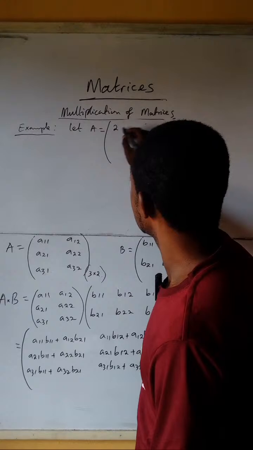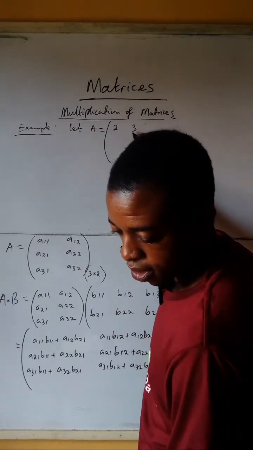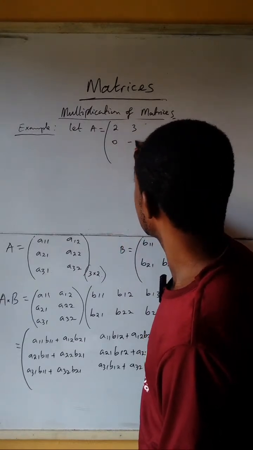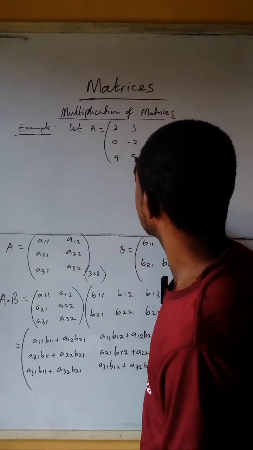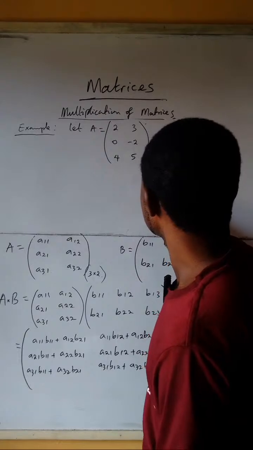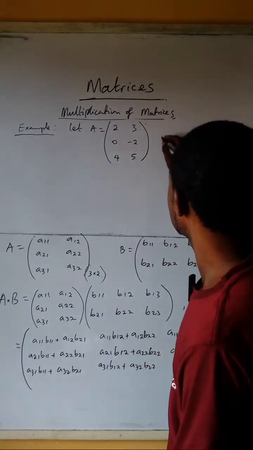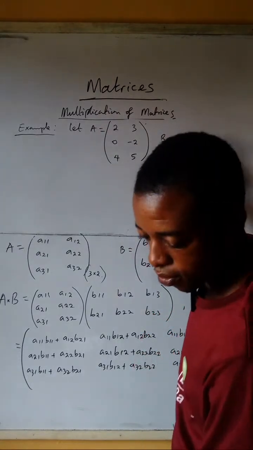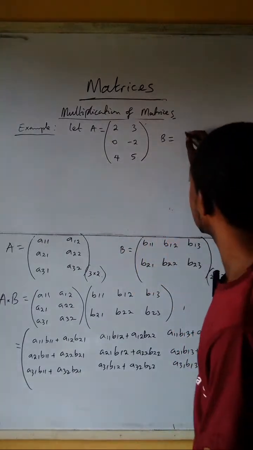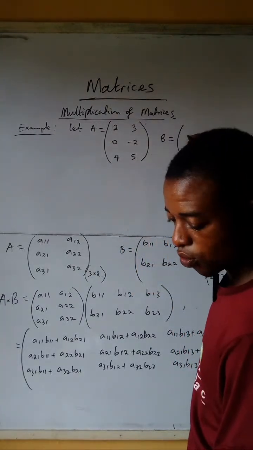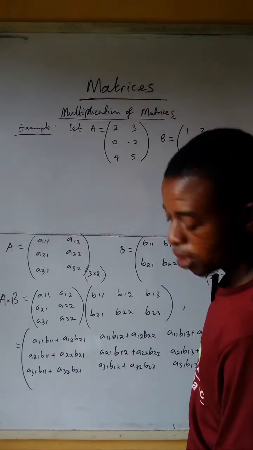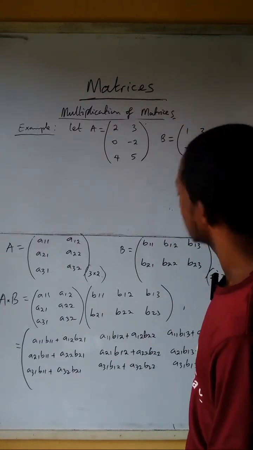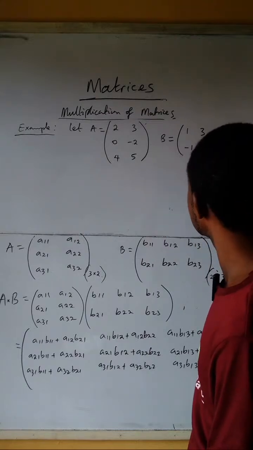That's 2, 3, 0, minus 2, then 4, 5. Then B be equal to, here we have a 2 by 3 matrix, which is 1, 3, 2, then minus 1, 0, 6.